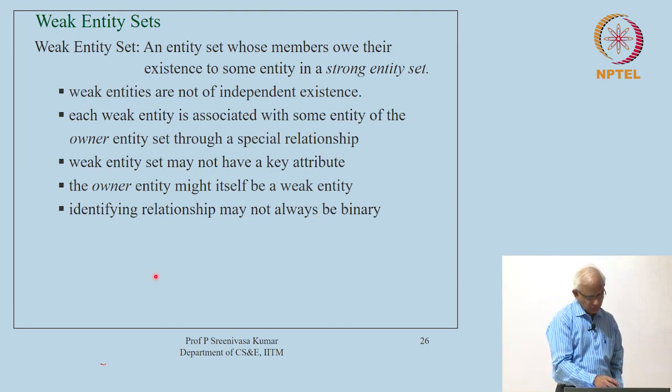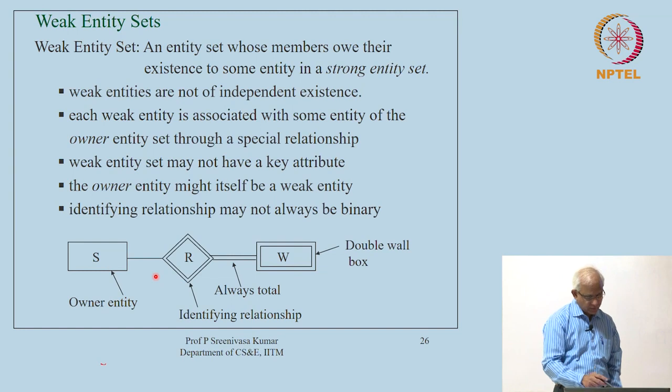Now, here is the diagrammatic notation for that. The weak entity is shown with a double wall box. We used to use normal rectangular boxes earlier for entities. Now, the weak entity will be shown with a double wall box, and the name of the weak entity will be written here, and there is always a special relationship that connects this weak entity to the owner entity.